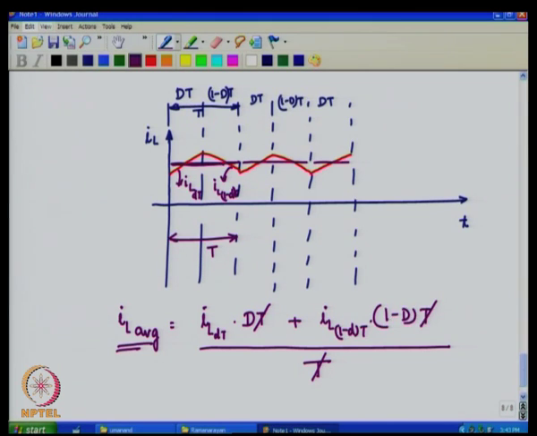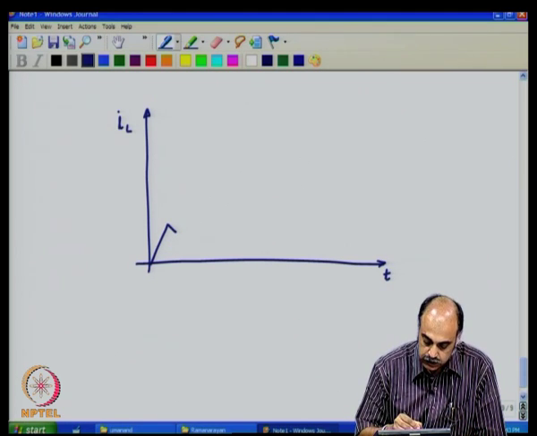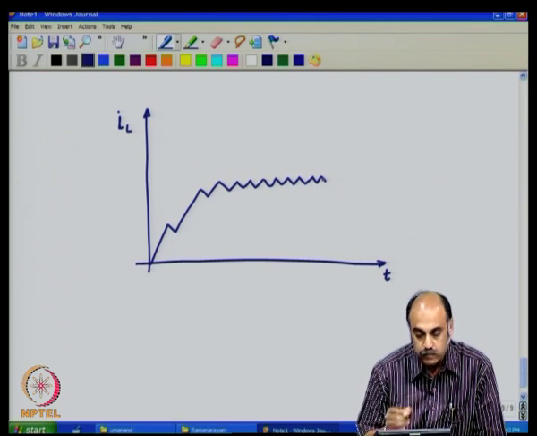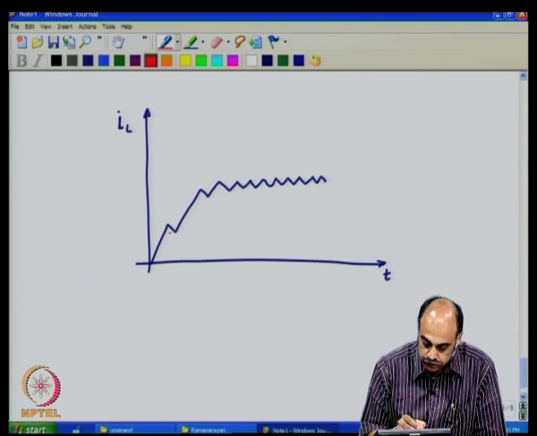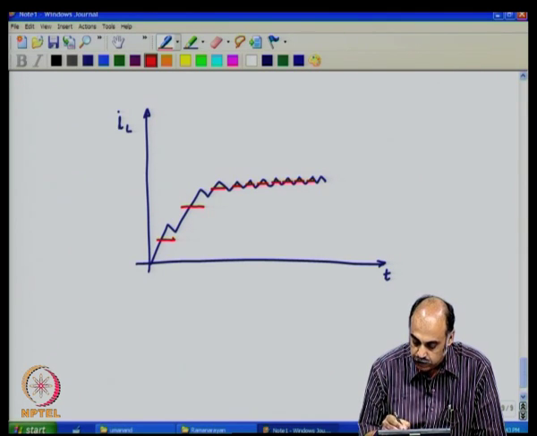So, this is the approximation that we do, assuming that the time period is small. Which would imply that if I have the inductor current dynamically changing with respect to time IL, if it proceeds in this fashion, we are making the approximation saying that we have an average like that, an average like that, average value like that, so on, for every time interval.